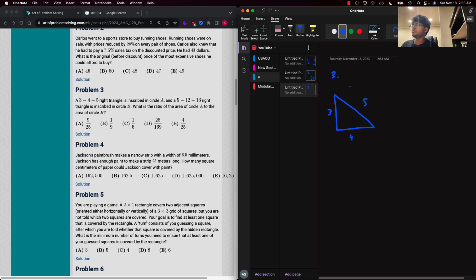And then some circle. I don't know how to draw a circle with this keyboard, but let's just imagine this is like a circle. This is not a circle at all, but you know. What is the ratio of the area? Okay, let me draw the other one too, I guess. 5, 12, 13.